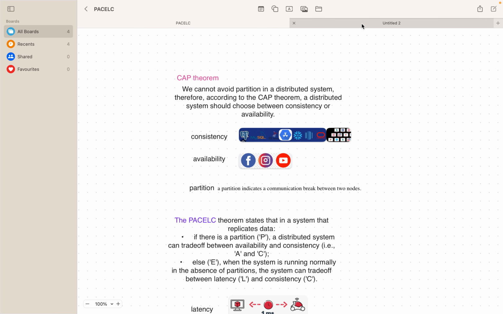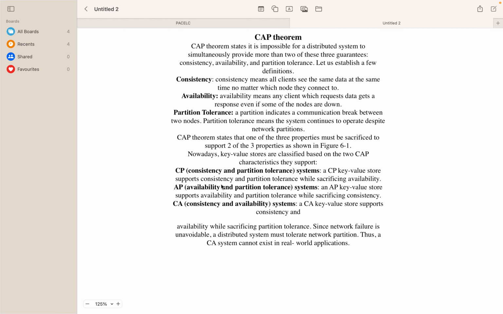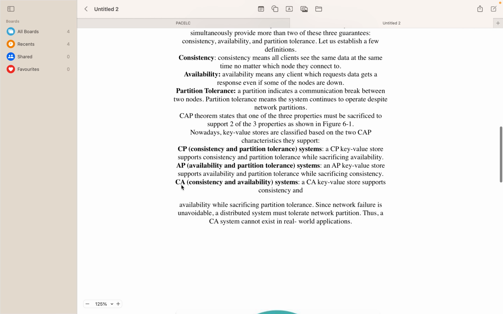And I told you, if you remember, there are these AP, CP and CA kinds of systems. Here you can see consistency and partition tolerance. A CP key-value store supports consistency and partition tolerance while sacrificing availability. Don't go into this too much, just understand that consistency and partition tolerance can go together, as in the diagram here.